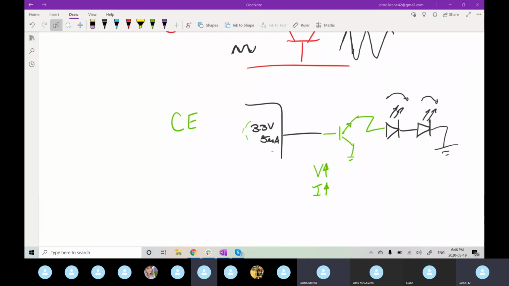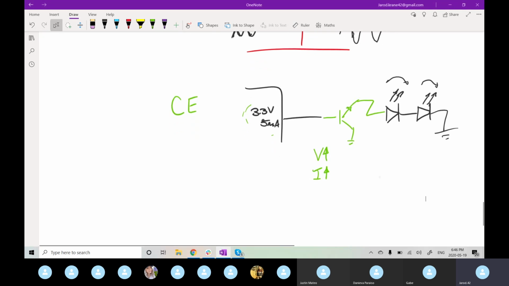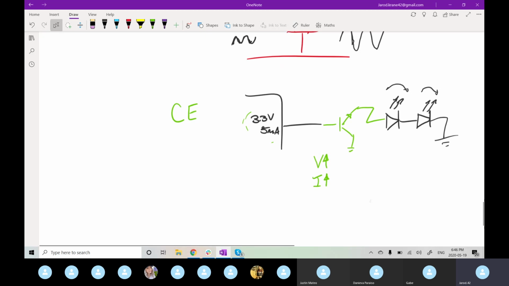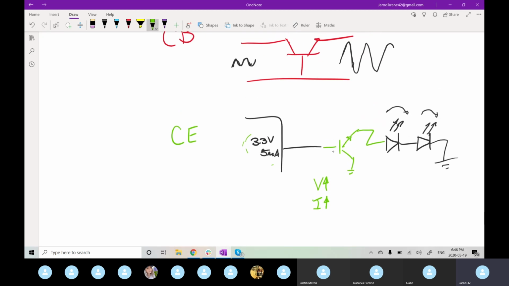Okay. Are common emitters less efficient in any way? No. They all share relatively identical efficiencies, because the structure of the device, it's still just an NPN transistor.